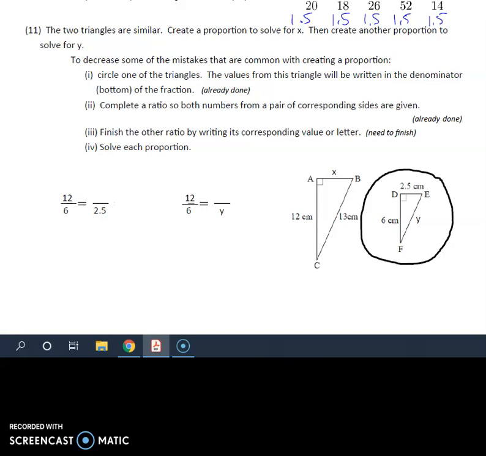So I circled the triangle on the right, and if you look at both of the proportions here, where we're solving for x and for y, you'll notice that I used the 6 twice. The reason I use the 6 twice is because the 6 is the only side of the triangle I circled that actually has both numbers.